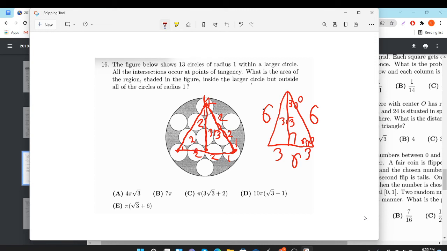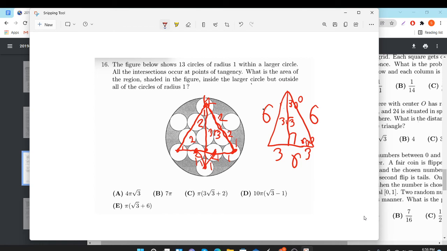And once again, connecting the centers is important. We could form another equilateral triangle to figure out this remaining height down here. If I sketch that in, there we go. We have this equilateral triangle down here, with radius 1, radius 1, radius 1, radius 1.